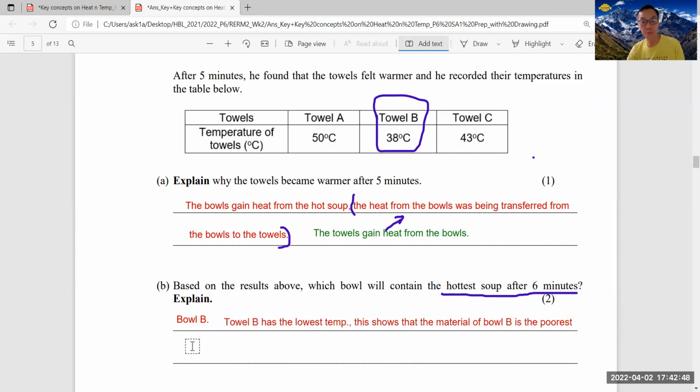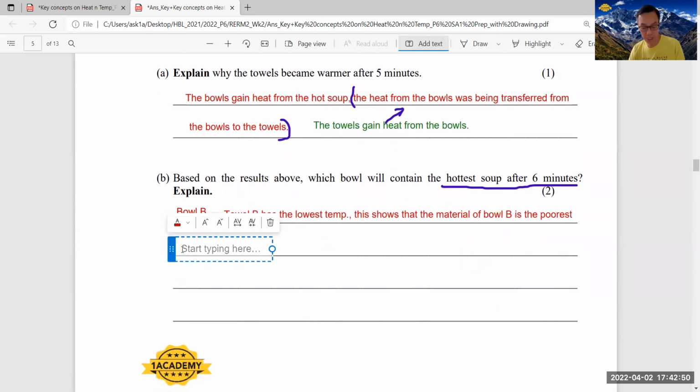You must use the comparison. Towel B has the lowest temperature. This shows that the material of bowl B is a poor conductor of heat.